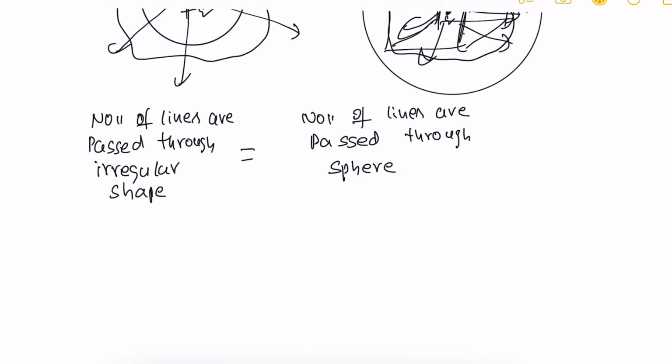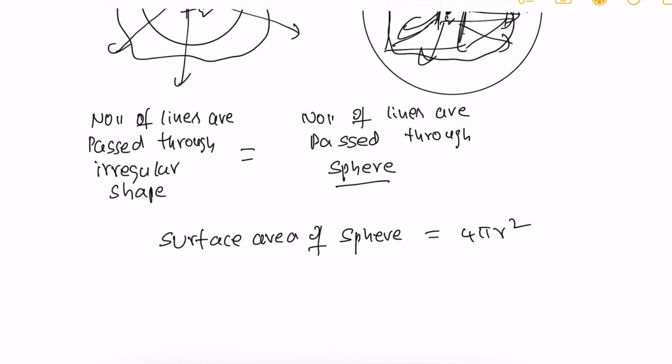So what is the surface area of a sphere? The formula is 4 pi r square. Okay, the surface area of the sphere formula is 4 pi r square.